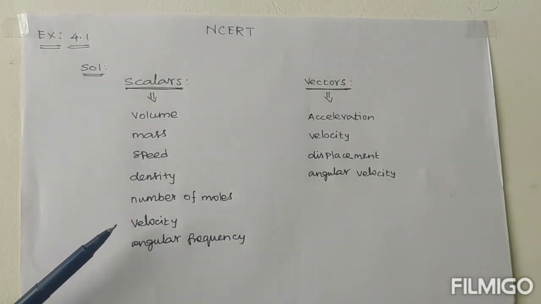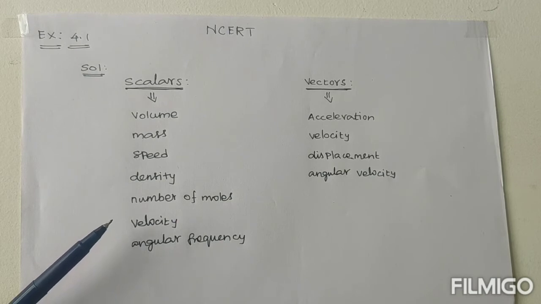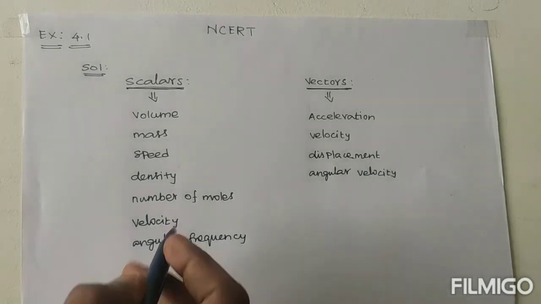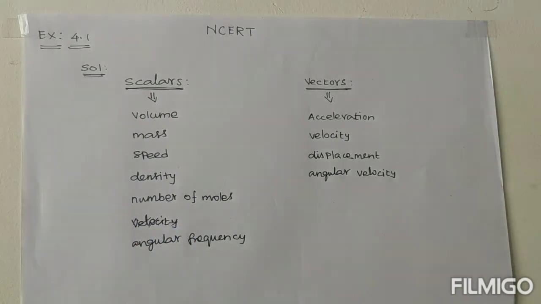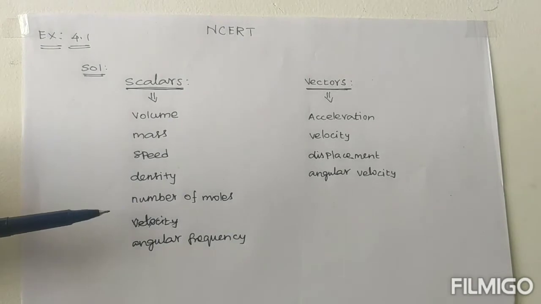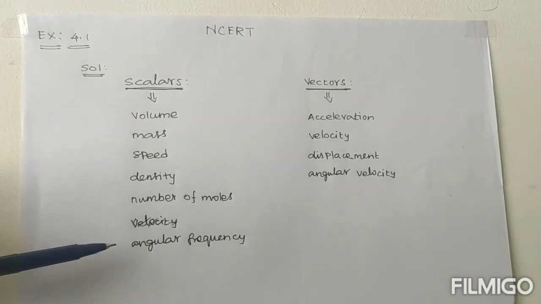And then the velocity. The velocity is a vector quantity. And then next one, that is the angular frequency. Angular frequency, generally, you know, the frequency means number of vibrations per second.